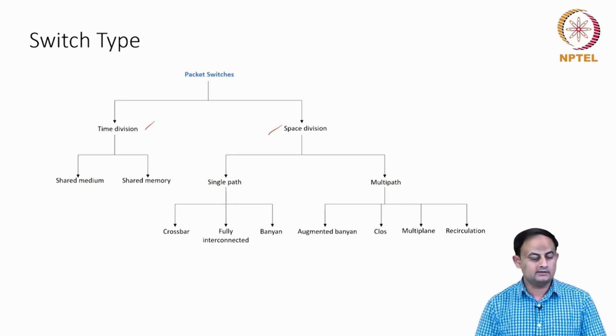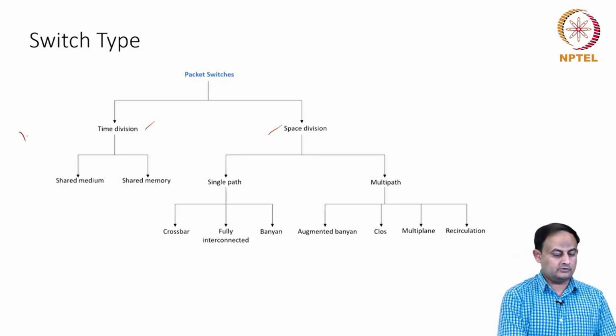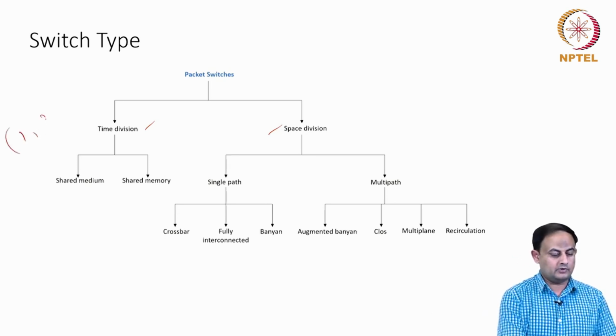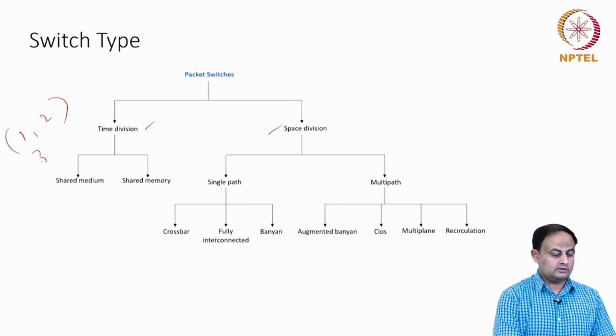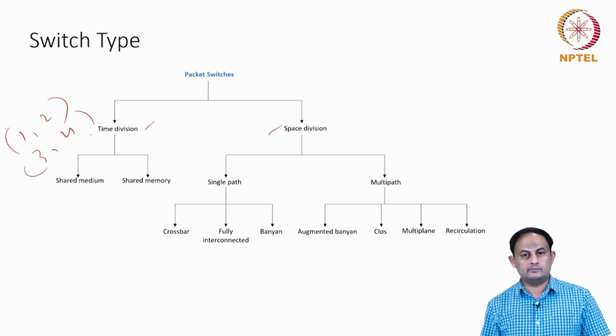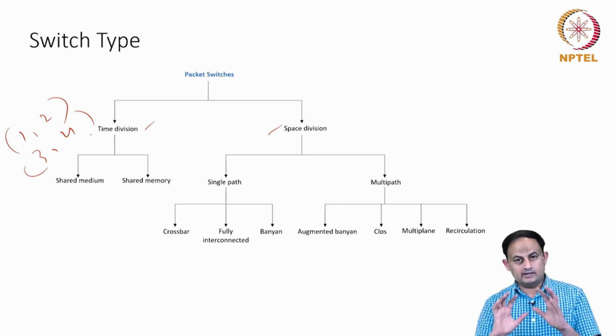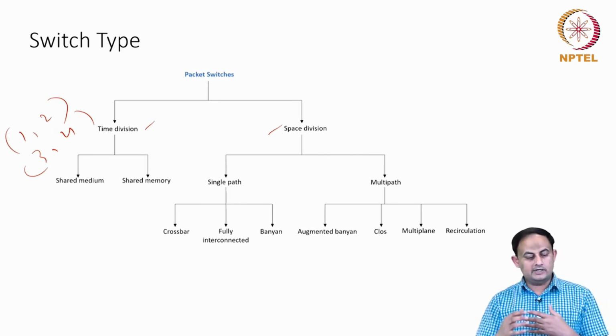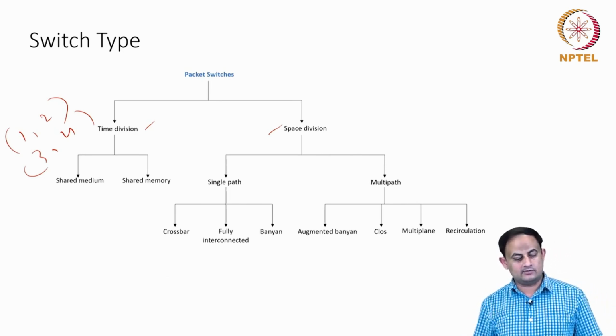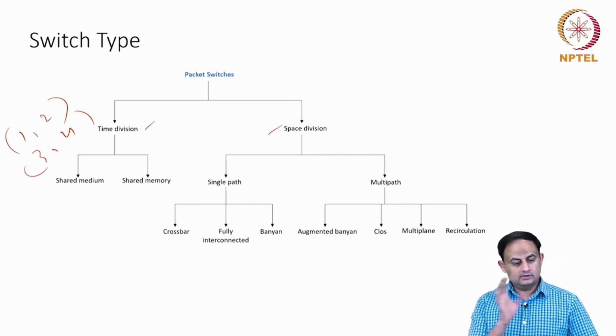If input ports 1 and 2 are engaged in the conversation, then 3 and 4 cannot talk in parallel, only one pair at a time. If your switch fabric allows only communication of that sort, it is called a time division type of switch.